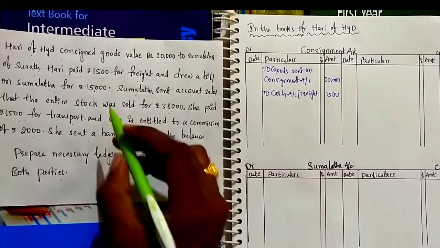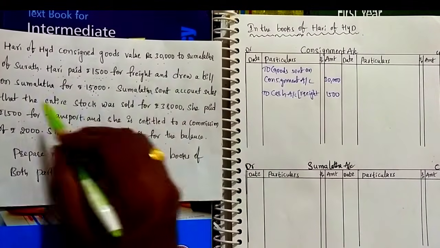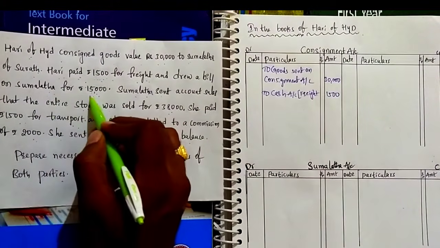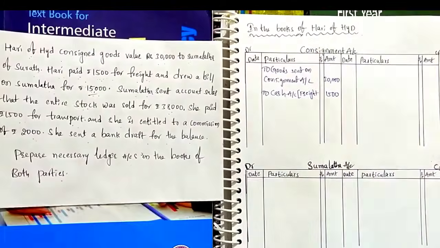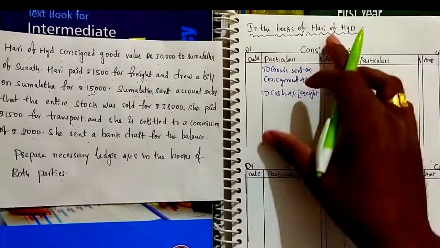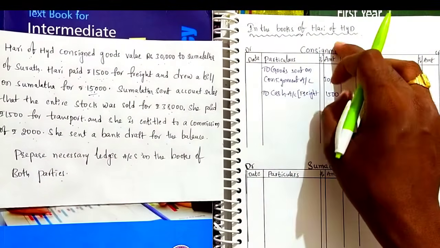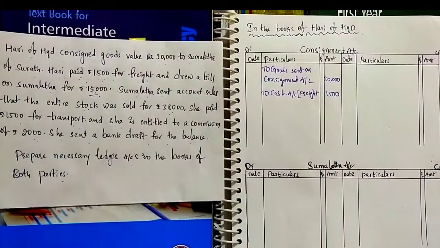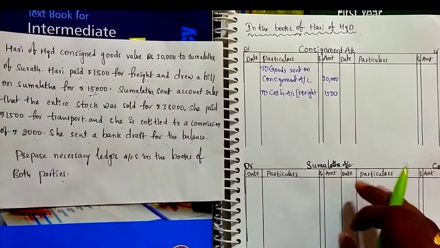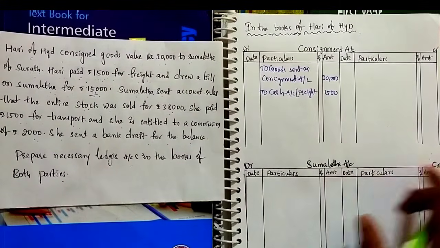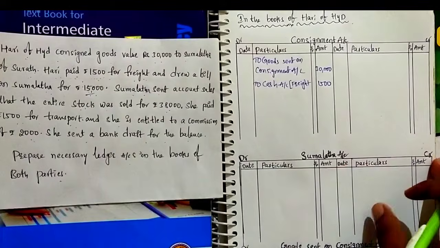Next, see the next transaction. Draw a bill on Sumalata for 15,000 rupees. Hari receives a 15,000 rupees bill from Sumalata. So who is giving? Sumalata. So we are preparing Sumalata account also. Sumalata is giving. At the time of giver, Sumalata account is credited.